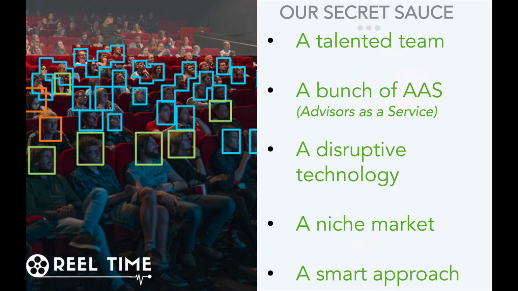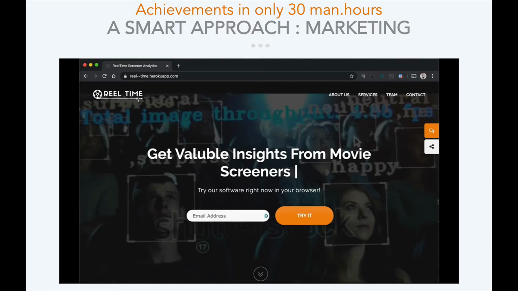To achieve that, we have a huge secret sauce that includes a very talented team, a bunch of advisors from Demium, a disruptive technology, and last but not least, a very smart approach. To address the market and validate the needs, we cracked another solution. We will use a Try Me landing page showing our technology in less than 2 minutes. Step 1, we grab the email address.